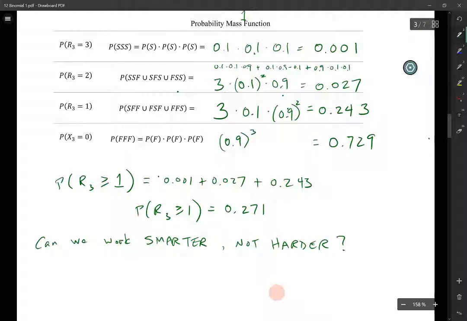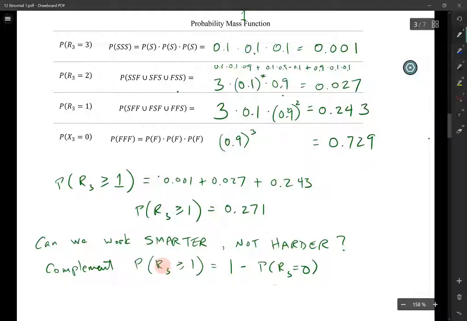And in this case, it is, because the complement, the probability of R3 greater than or equal to 1 is equal to 1 minus the probability that R3 is equal to 0.